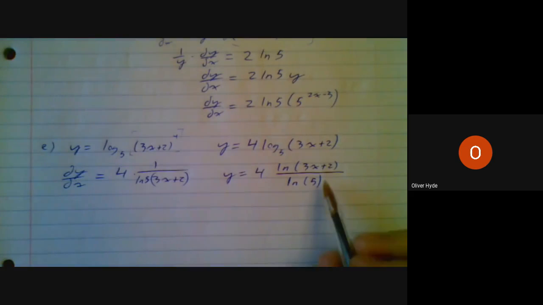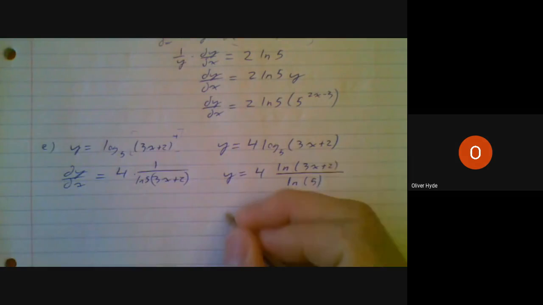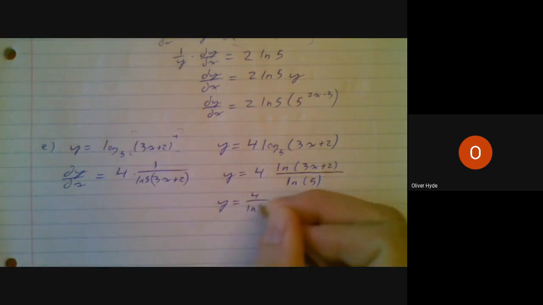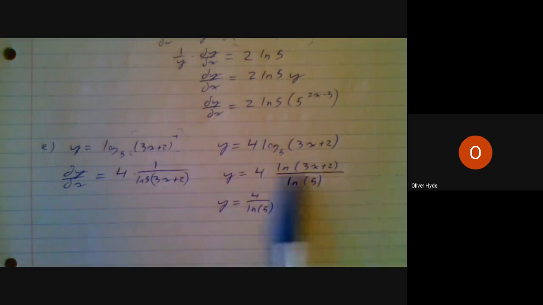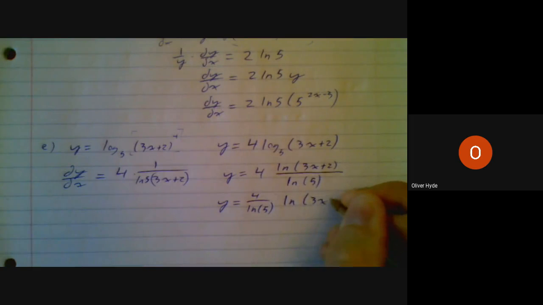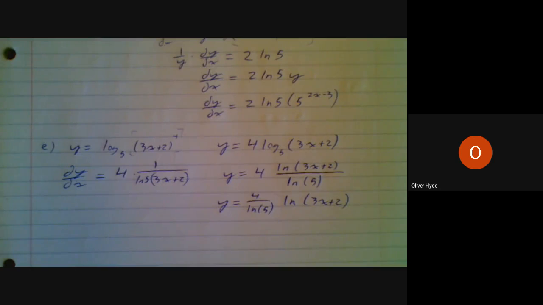But the advantage here, and you could probably see this on your own without showing this step, I'm just going to try to make it explicitly clear, is that when I change this into a quotient, my denominator is constant. And someone once told me not to use the quotient rule when I have a constant denominator or a constant numerator, because it's kind of a waste of time. So it might take me a couple of steps to get here, but it might be worth it if it means that my derivative is going to be easier.